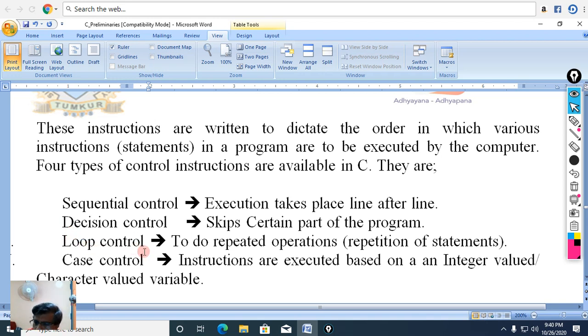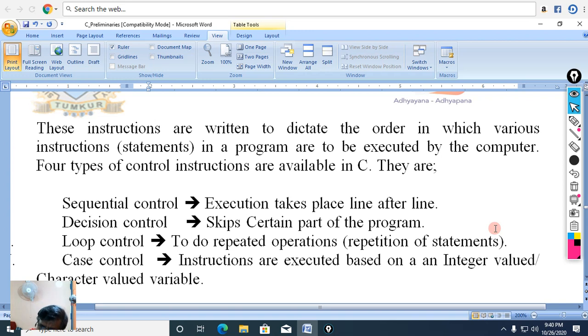Loop control is to be used whenever we want to make a computer work relentlessly, iteration after iteration. For example, if you want to make a computer write 1 to 10, possibly you have to make use of a loop control construct, which will make the computer repeatedly do the operation of writing from 1 to 10.